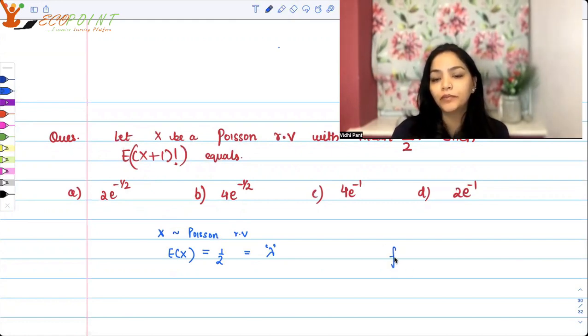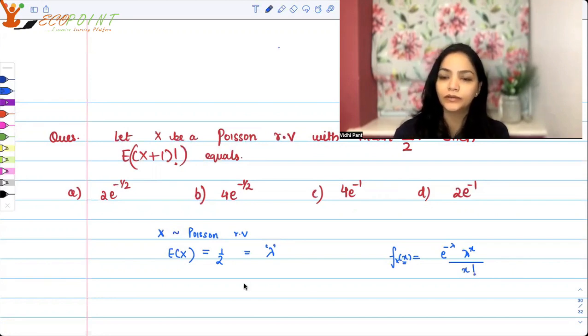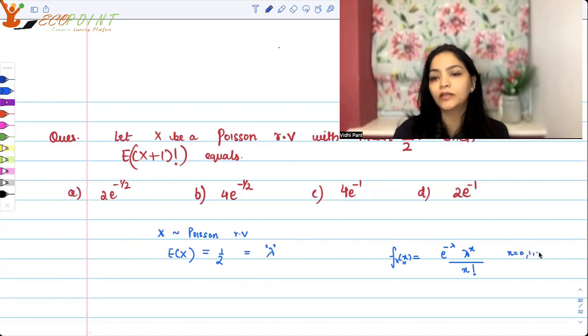The probability mass function for the Poisson distribution is e to the power minus lambda, lambda to the power x, upon x factorial, where x can take values 0, 1, and so on.